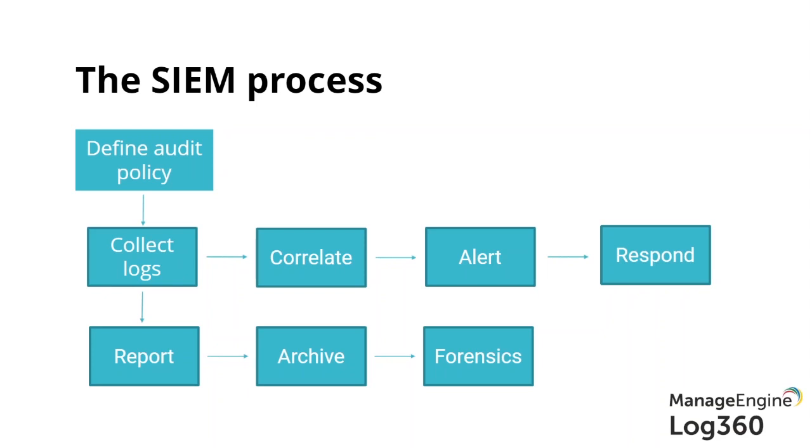And once you've defined these audit policies and you're bringing in the logs that are important to you, collecting all these logs into a central location, your SIEM solution then can report, right? It can report on the data that it has collected so that you can visualize what's going on in a nice graphical, human readable format. And the data is also archived, which is important from a forensic investigation point of view and also from a compliance point of view.